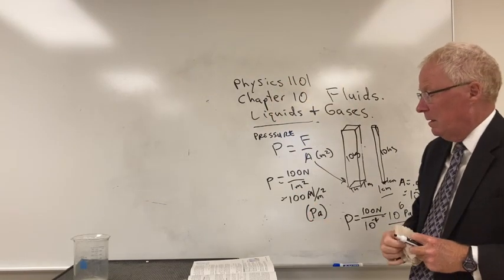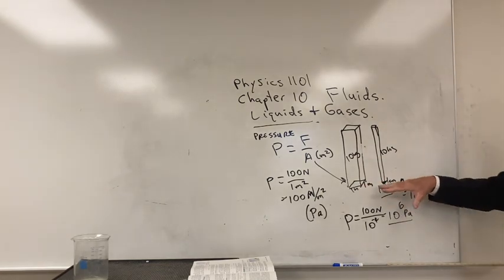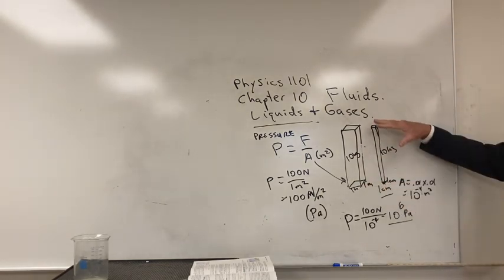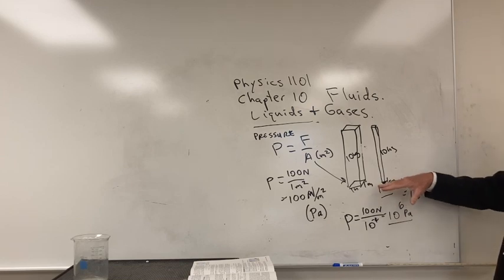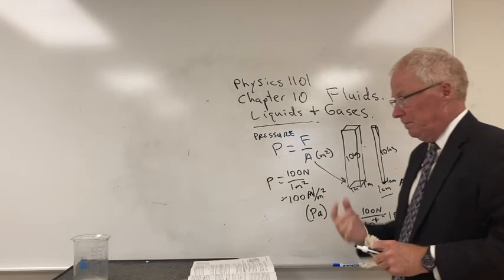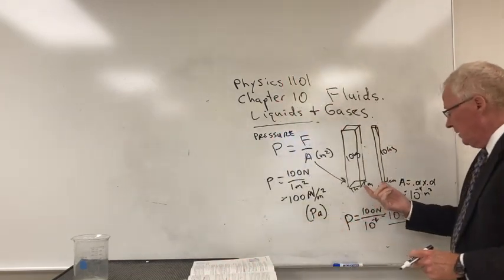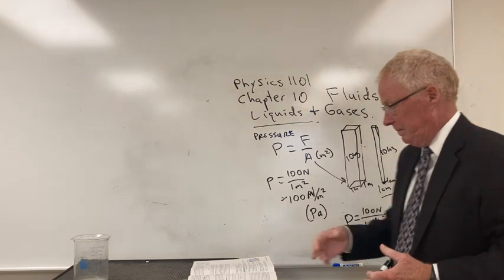All right. Now, as you can see, this only depends on depth. So we're going to be moving into liquids. So we have a solid that exerts pressure on something. All right.